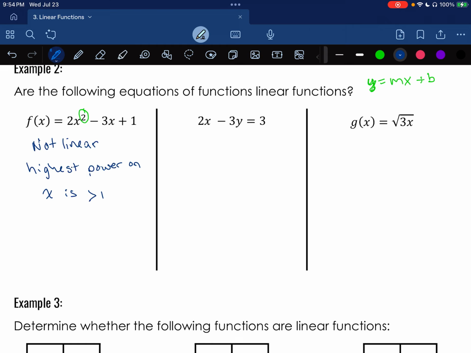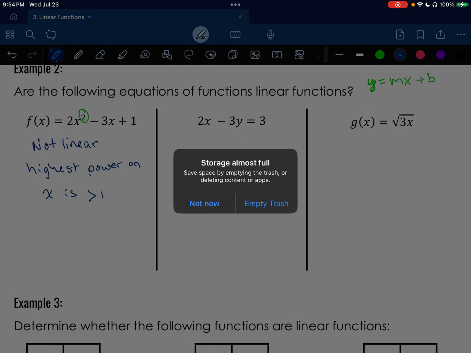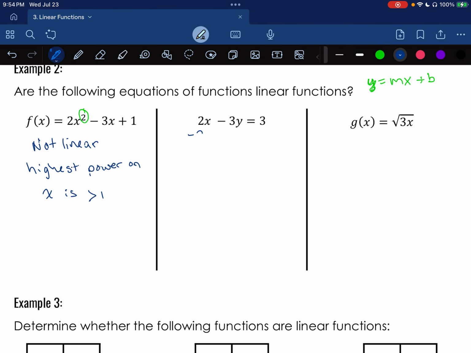So I'm going to start by subtracting 2x from the side. Then I'll have minus 3y is equal to minus 2x plus 3. Remember, the x's and y's are not like terms. We can't combine them. Now I need to divide both sides by negative 3.